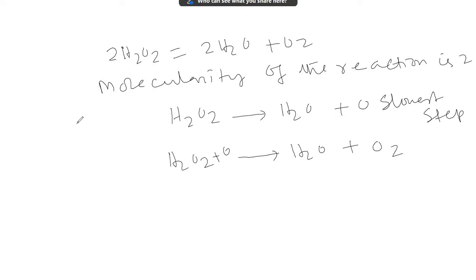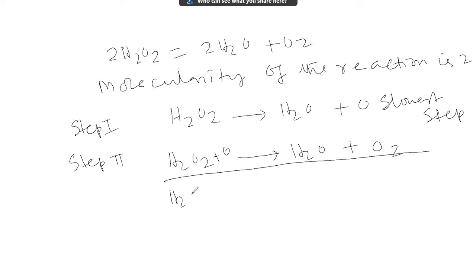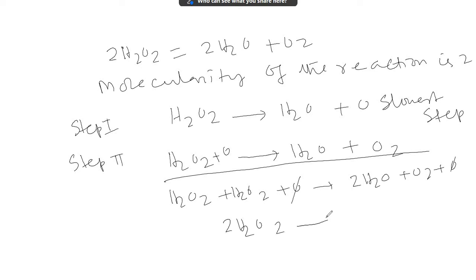So the first is step 1, and the second is step 2. If you add these 2 steps, what we are getting is H2O2 plus H2O2 plus O gives you 2H2O plus O2 plus O. O gets cancelled, so 2H2O2 gives you 2H2O plus O2.